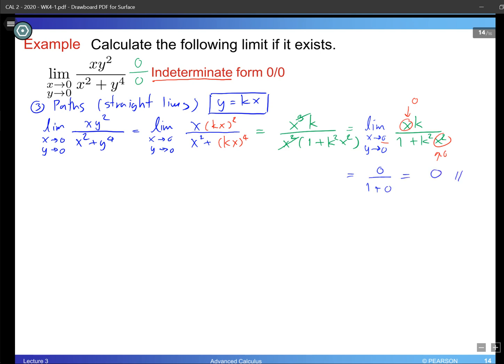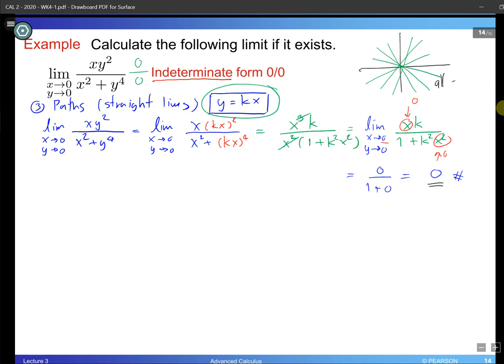Alright? Now, what does this mean? It means that along all straight line directions, it's going to come out to be 0 in every direction. All of these straight lines were represented by y equal to kx, and in the end, they all come out equal to 0, which means that they are all the same.